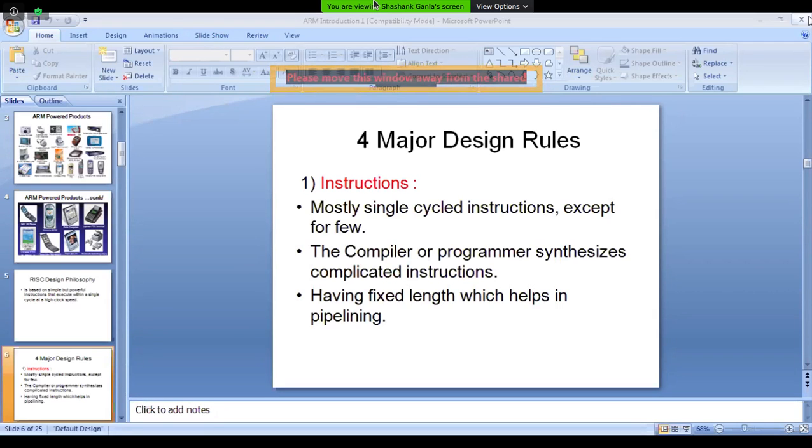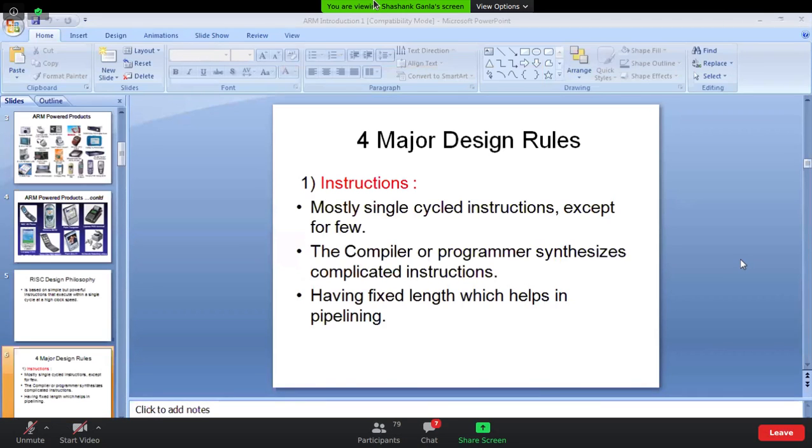Do you have any questions on this slide, which I have tried to elaborate?